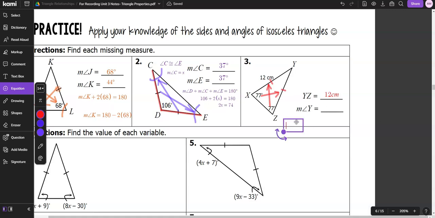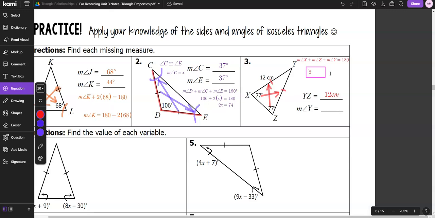And then to solve for Y, we know that the measure of angle X plus the measure of angle Z plus the measure of angle Y is equal to 180. We know that measures of angles X and Z are both 77. So there's 2 of them.